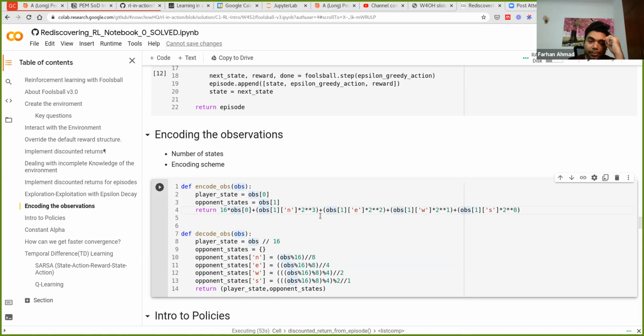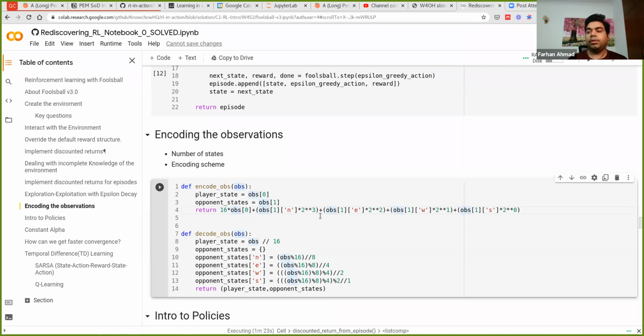The player could be in any of the 20 states, and for each of those 20 states the maximum number of possible opponent configurations is 16, because each opponent, north, south, east or west, could be present or absent. So for each of the 20 states in which the player can be, you have 16 configurations. That gives you 320 states.